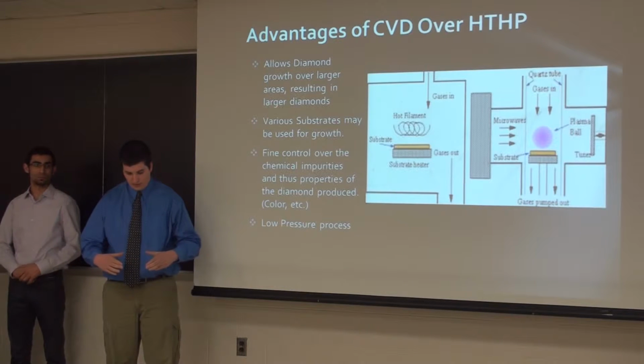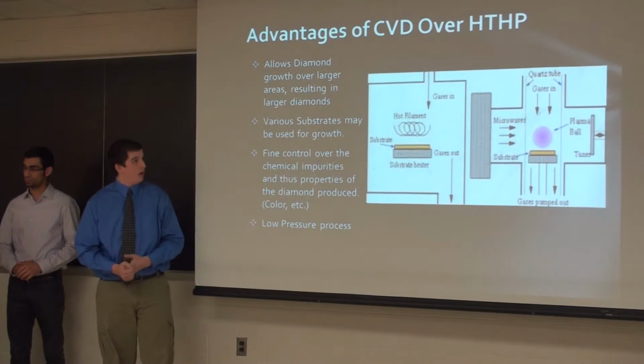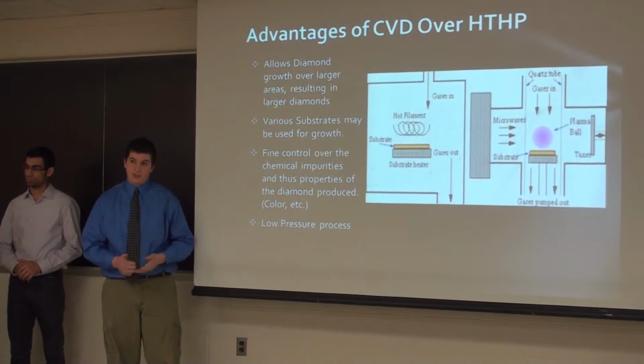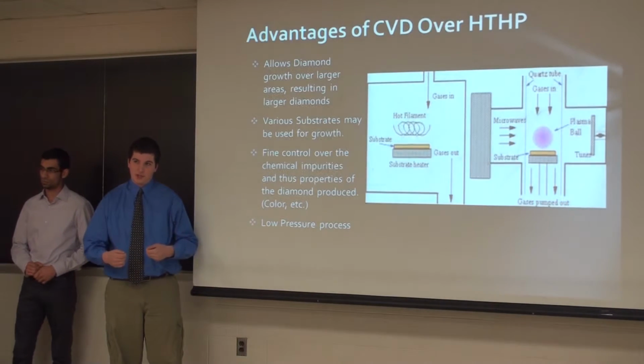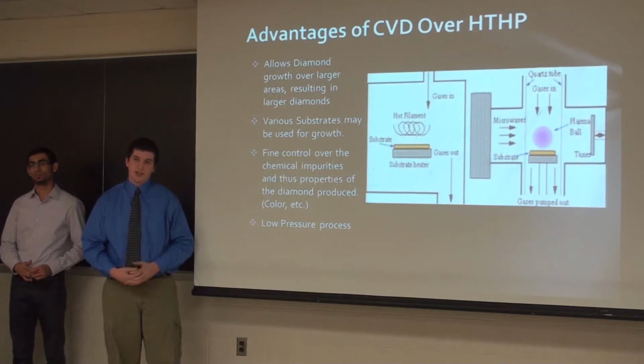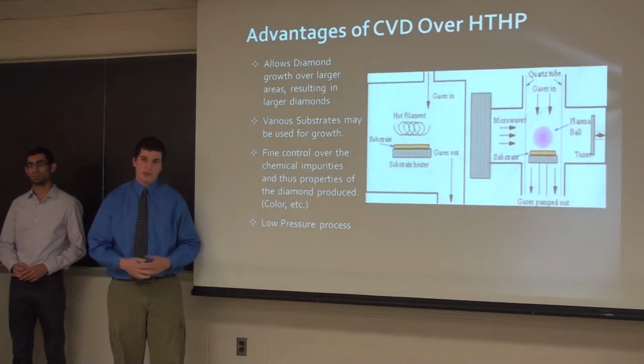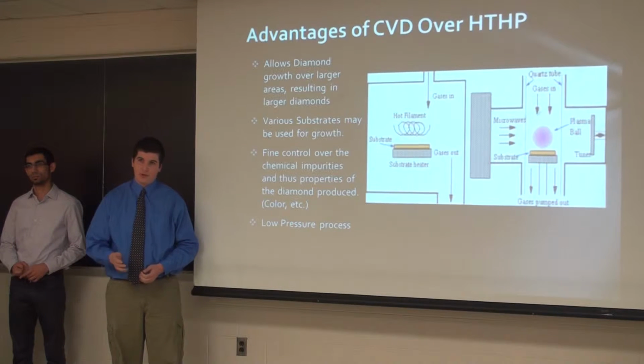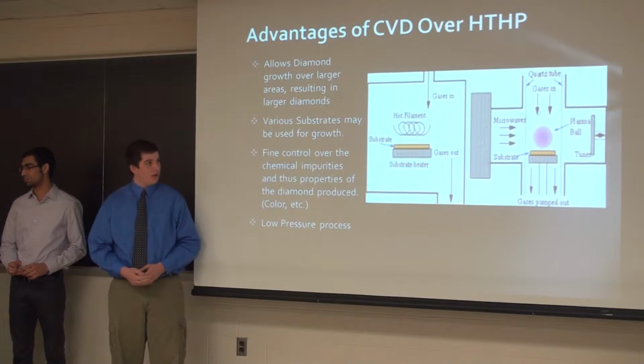You can make a very thin but very large sheet of diamond. You can use various substrates with the same machine, changing them out. And it's a very low pressure process compared to high temperature, high pressure, in high kilopascals compared to 5 picopascals.